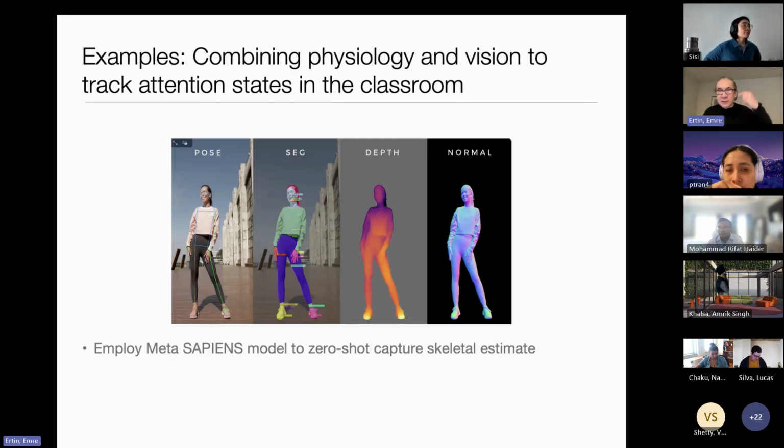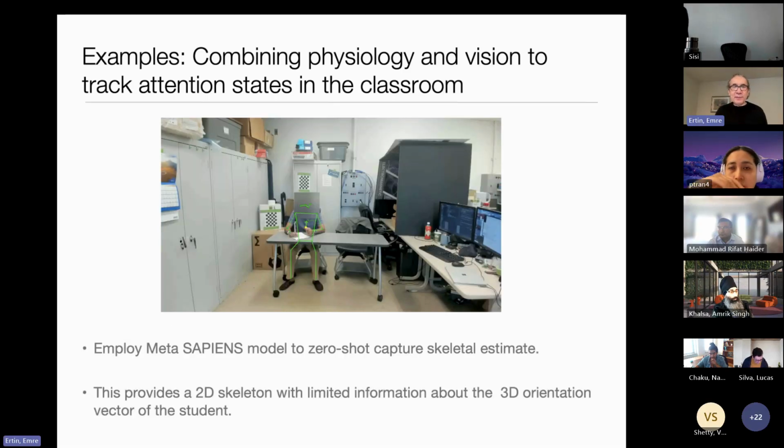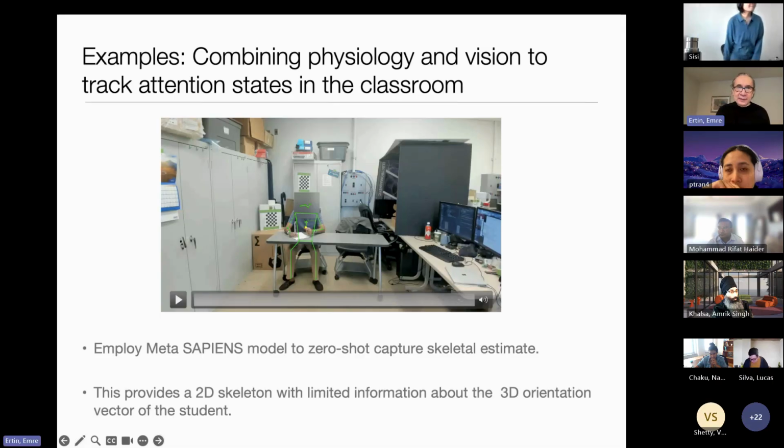It can segment into different segments: hair, face, torso, hands, etc. It can provide a rough 3D depth information and some surface normals that even provide some information about the exact orientation of the surfaces on you. So we look at simply the skeletal estimate.